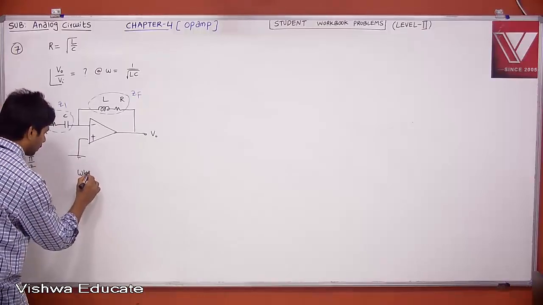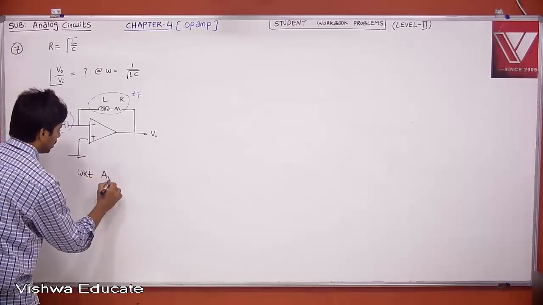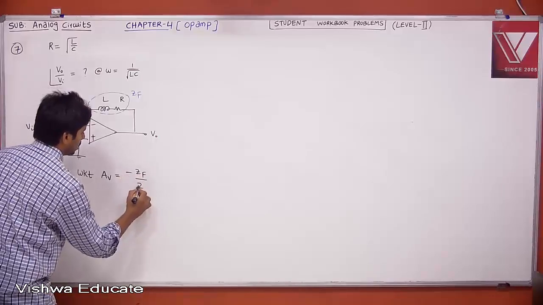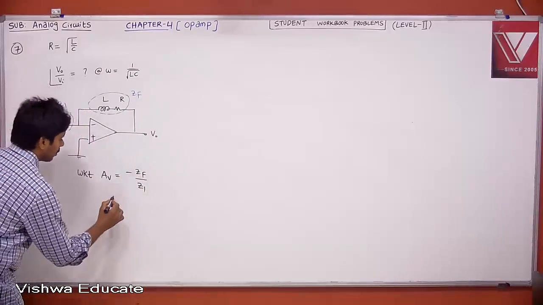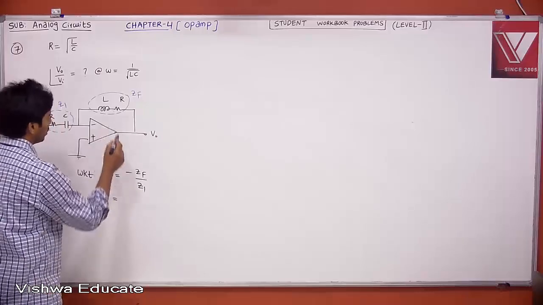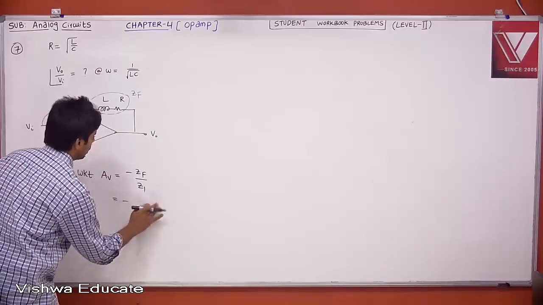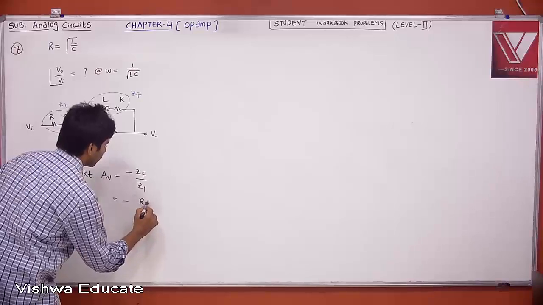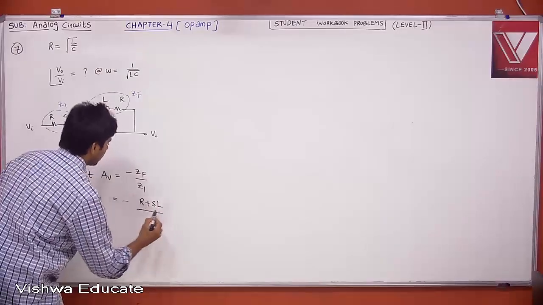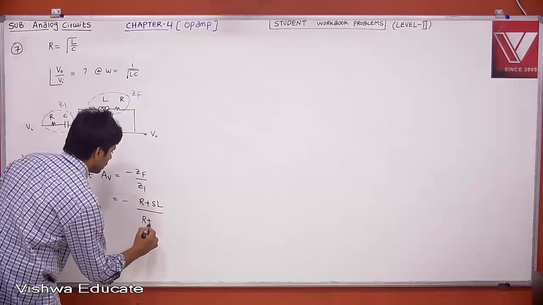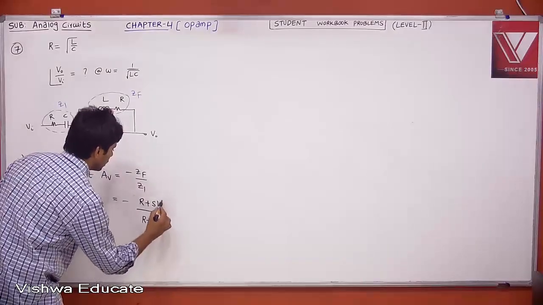We know that your voltage gain AV is equal to minus ZF divided by Z1. Therefore, what is ZF? ZF is nothing but R plus SL, divided by, what is Z1? R plus 1 by SC.